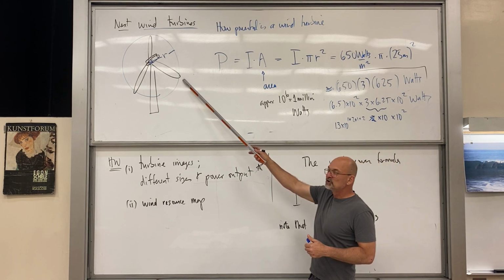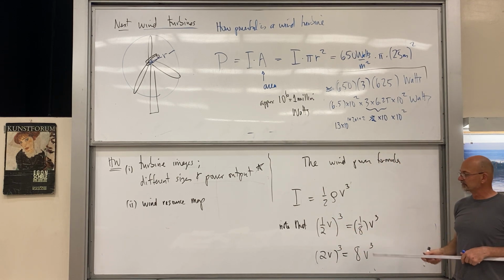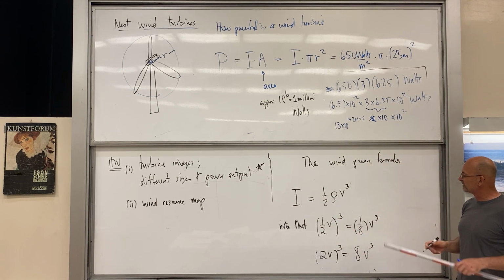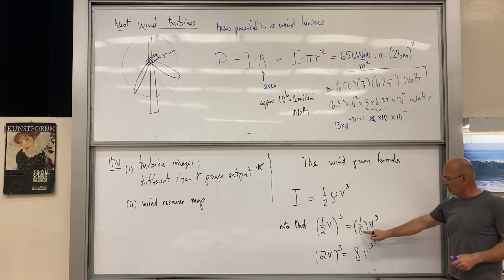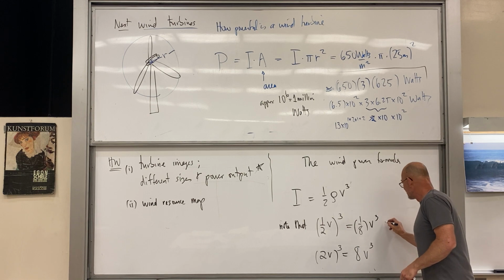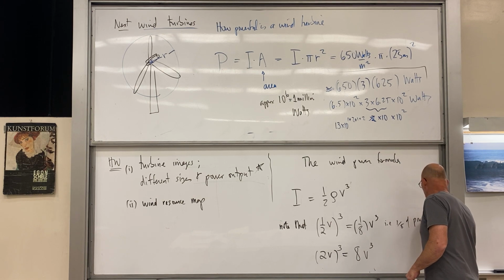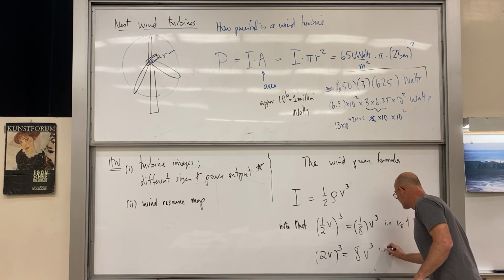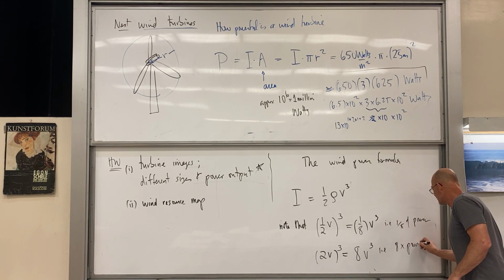These things can't run in too high of a wind speed. So that's what we call volatility. Very sensitive to changes in the wind speed, because you go to 1/2, you get 1/8 the power. Okay, i.e. 1/8 of the power. Here it's 8 times the power. Okay.